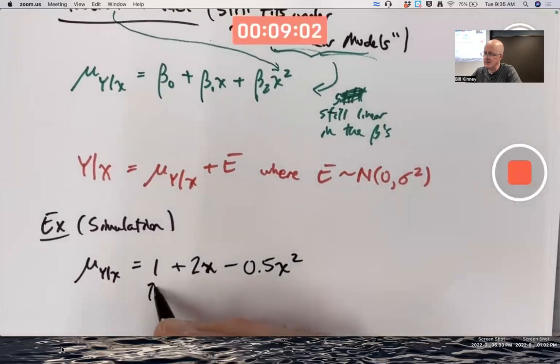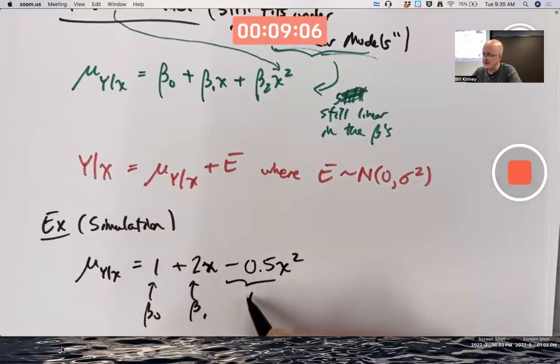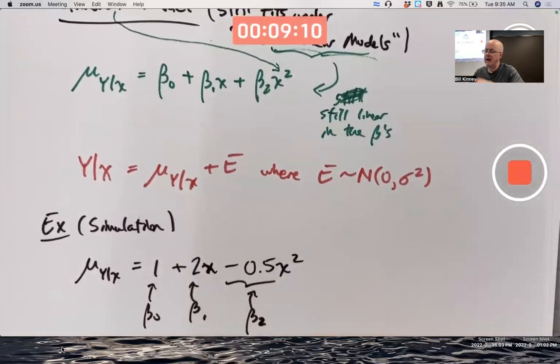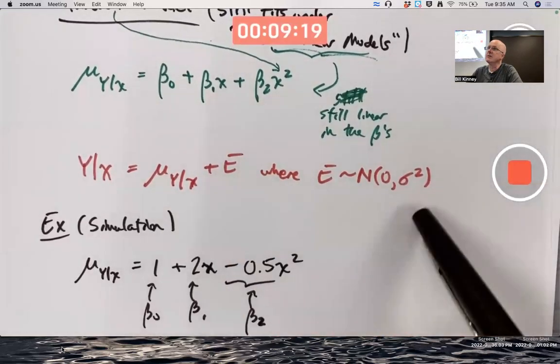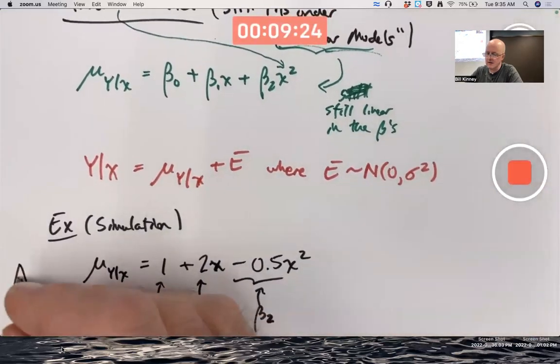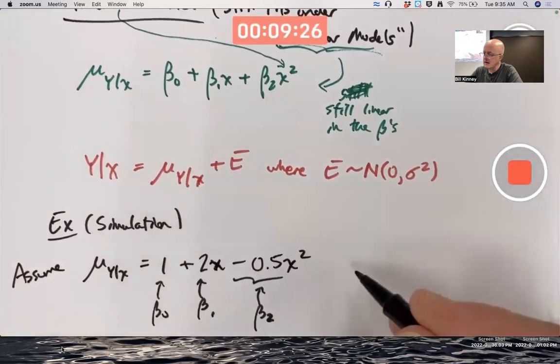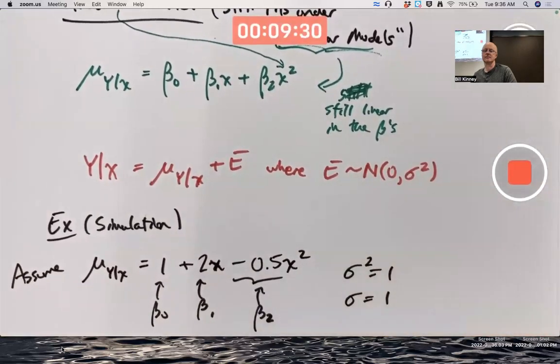That's beta 0, that's beta 1, and that thing with the negative sign is beta 2. Okay, so I'm assuming I know what the betas are. I'd like to use a spreadsheet to generate some random data based on this model. I need to assume something about the variance. Let's also assume that the variance is 1, so the standard deviation is 1 as well. Keeping things as simple as we can here.